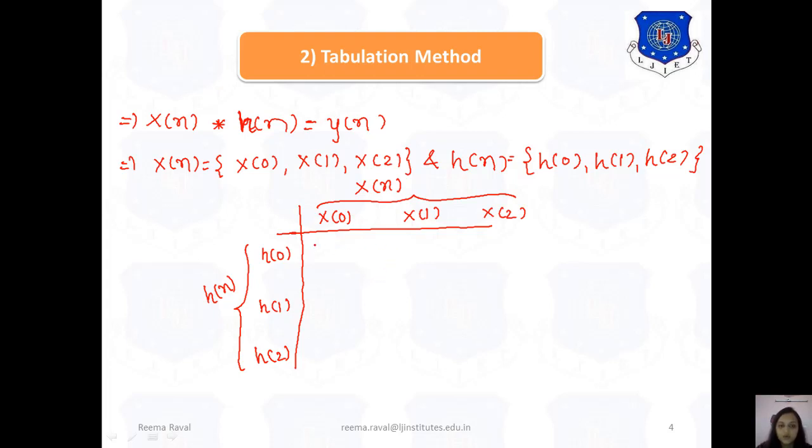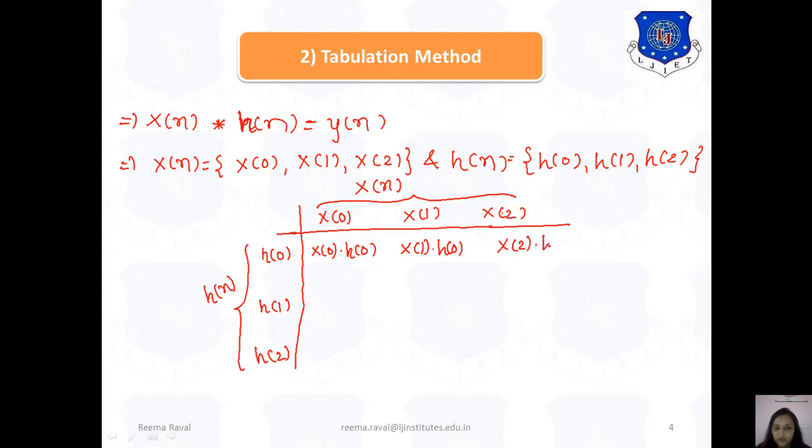Now we are going to multiply the respective values. The first element will be h of 0 into x of 0, that means x of 0 into h of 0. Then the next value, multiplication of x of 1 into h of 0, that means respective elements multiplication. Then x of 2 into h of 0, right?